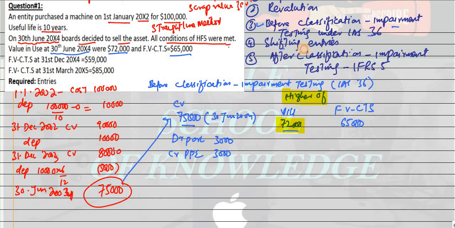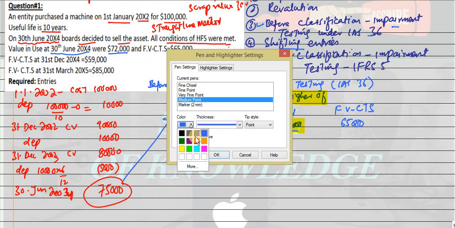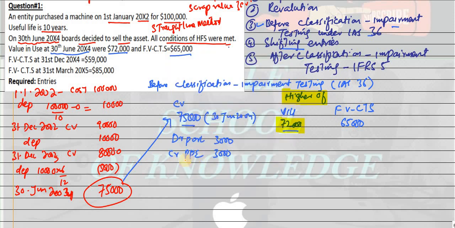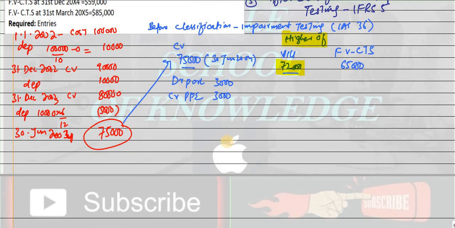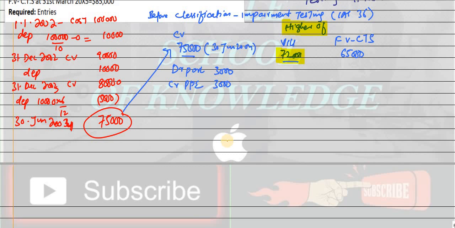Now the third point is we have to do some shifting entries. For shifting entries, what does it mean? It means that we are now shifting the asset from non-current asset to current asset, meaning non-current asset held for sale. So let me write the shifting entry. I think this is number 4.